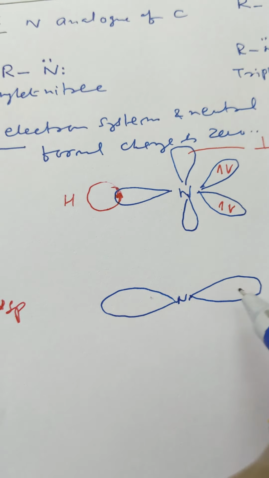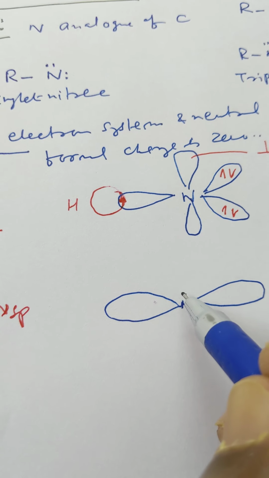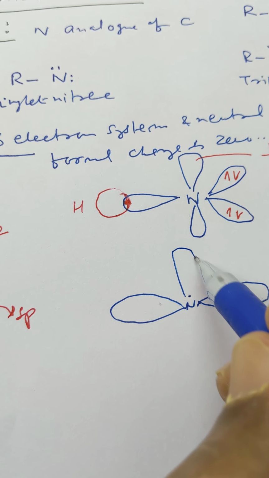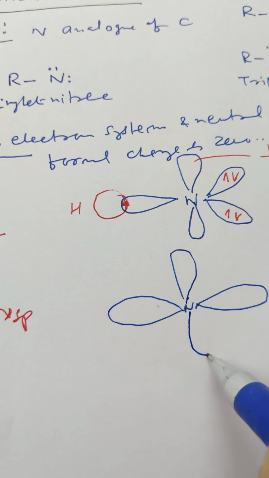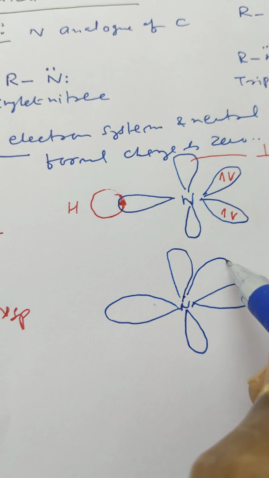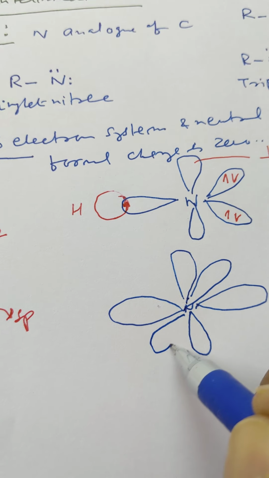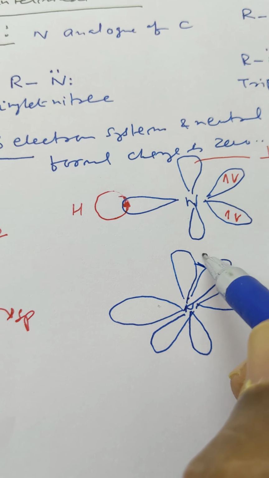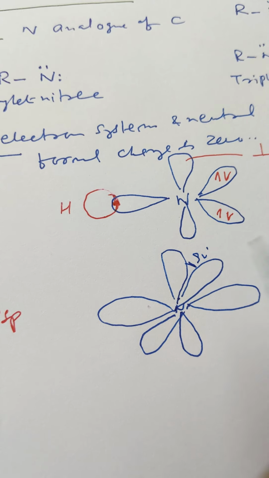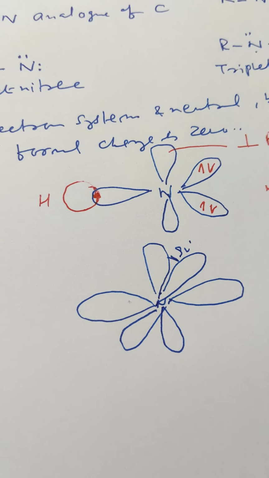So they can be represented like this. They are perpendicular to this and perpendicular to each other as well, that is, this angle is 90 degrees. They are pure p orbitals and they are the hybrid orbital.